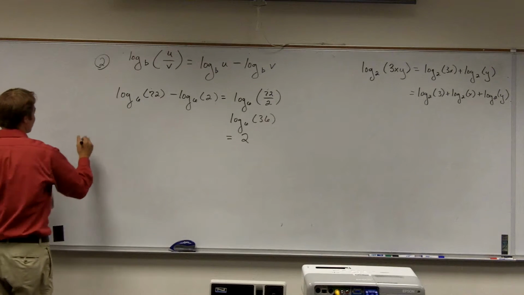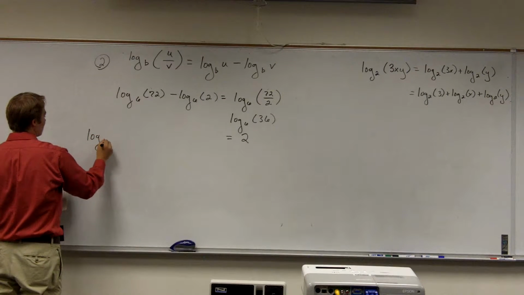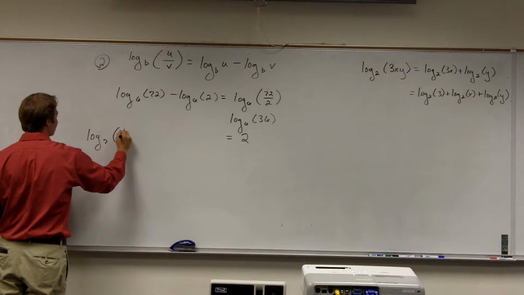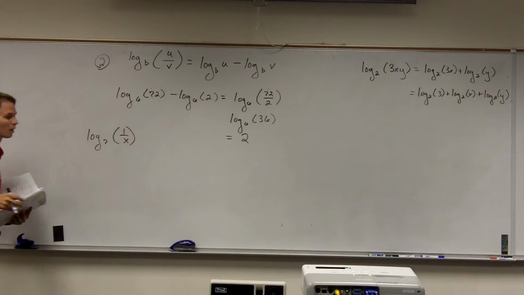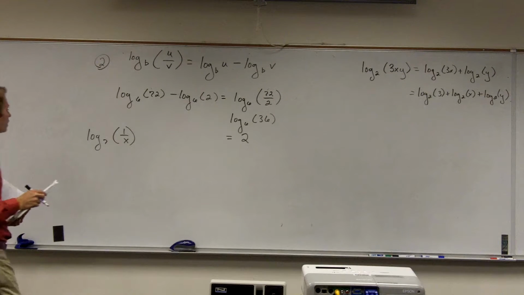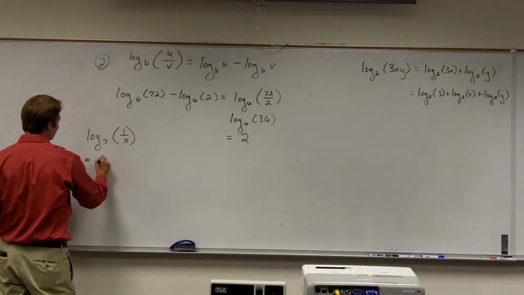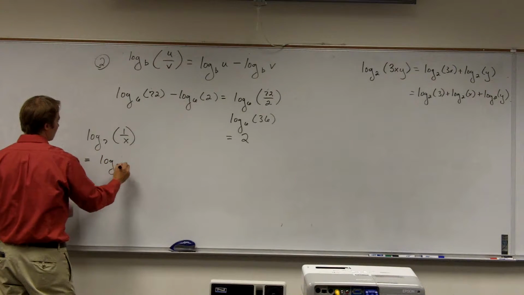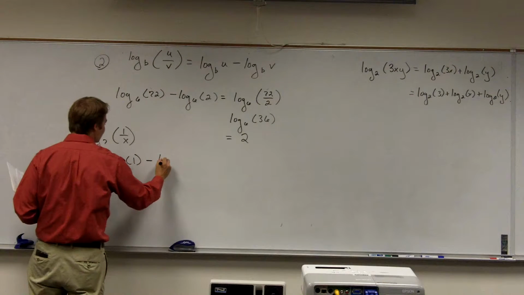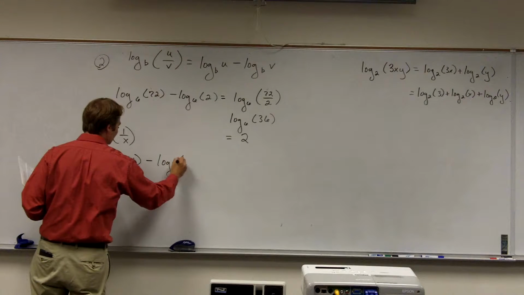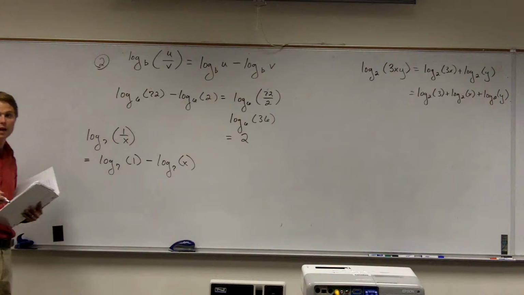And of course I can also split this up. So something like this, log base 7 of 1 over x. I'm going the opposite direction. I could actually split this up into log base 7 of 1 minus log base 7 of x.